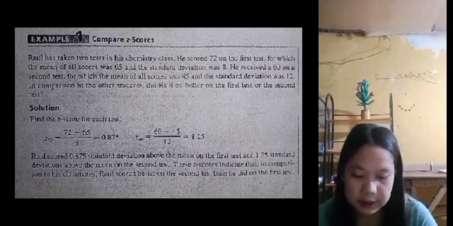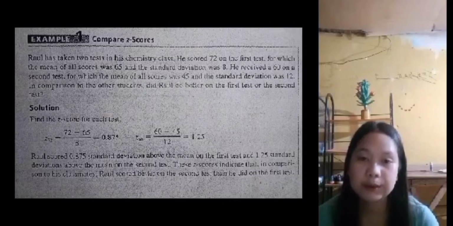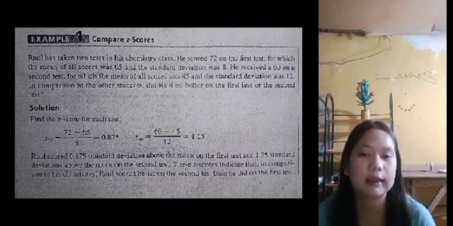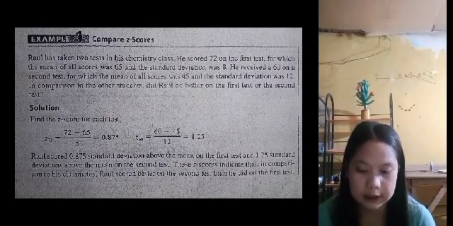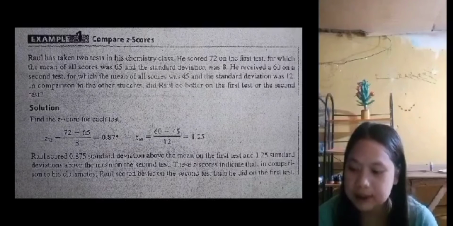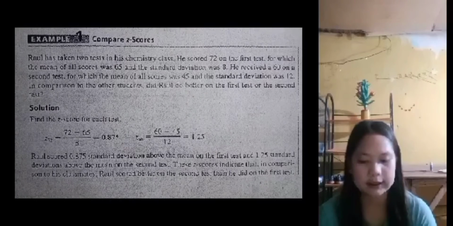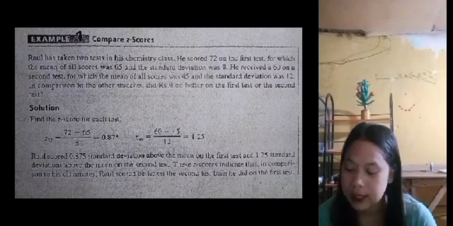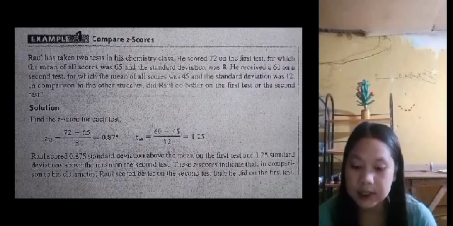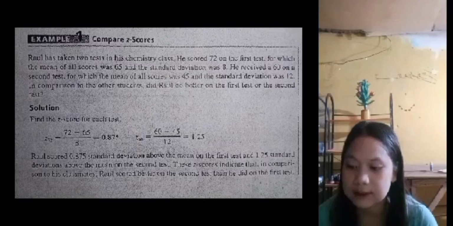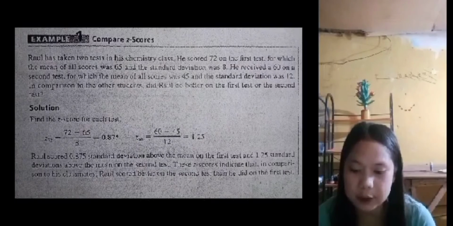Sa second test naman, ganun din po yung gagawin natin. Hanapin din natin si x. So, he received a 60 on a second test. So, ang x po natin ay 60. So, ang mean naman, for which the mean of all scores was 45 and the standard deviation was 12.